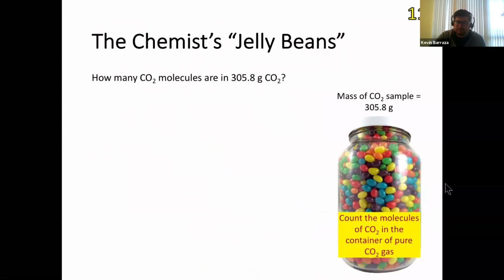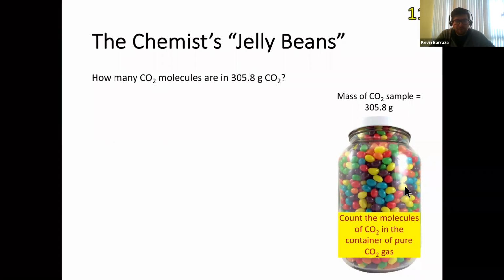So to turn the jelly bean idea into a chemistry question, we could ask how many CO2 molecules are in 305.8 grams of CO2. Again, it's like I have that container of jelly beans, except I have a big box that contains a quantity of, in this case, CO2, and I've weighed it. It weighs 305.8 grams. How many molecules are present in this?